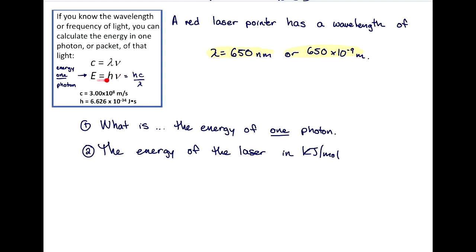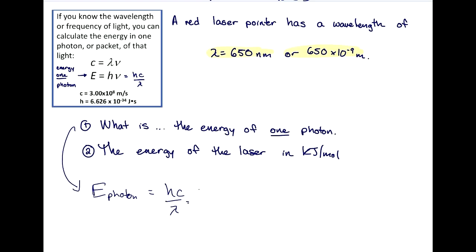Can I just use the equation E equals hc over lambda? Yes, we can, because I'm asking for the energy of one photon. So the energy of that one photon is Planck's constant times the speed of light divided by the wavelength, which we are given.